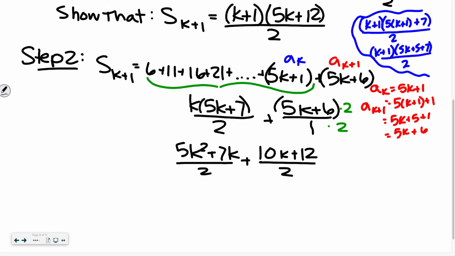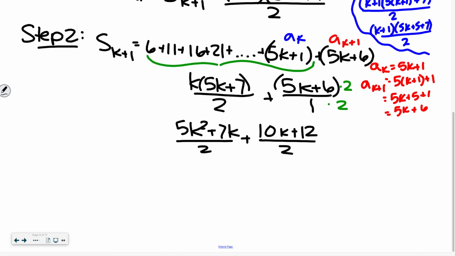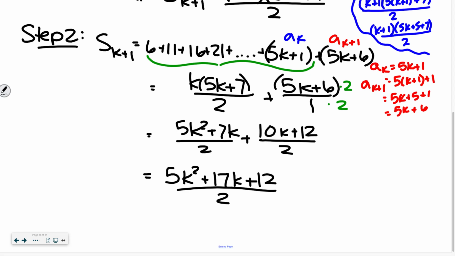And now they have the same denominators. I did a little bit of distribution. But I can add across. That's 5k squared plus 17k plus 12 all over 2. Okay, so I combined them.